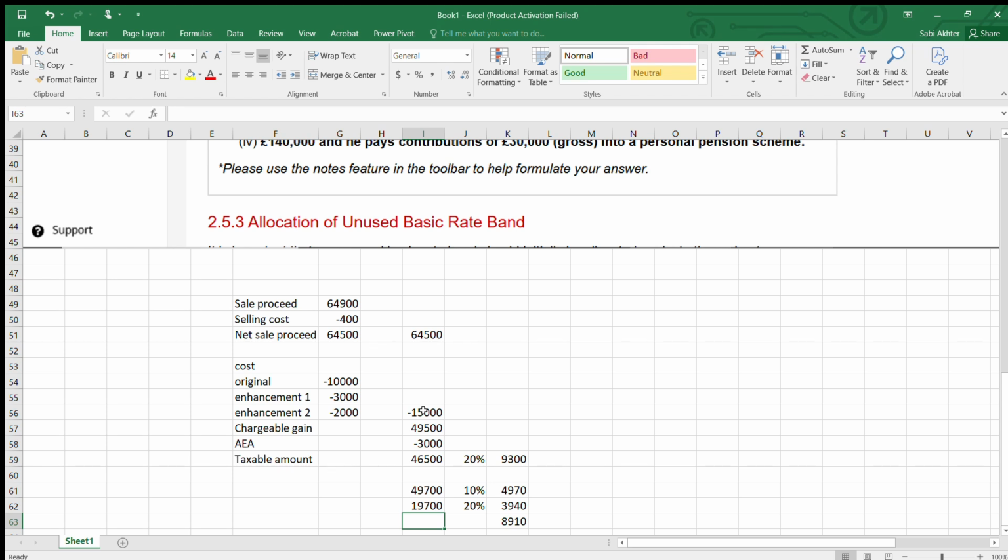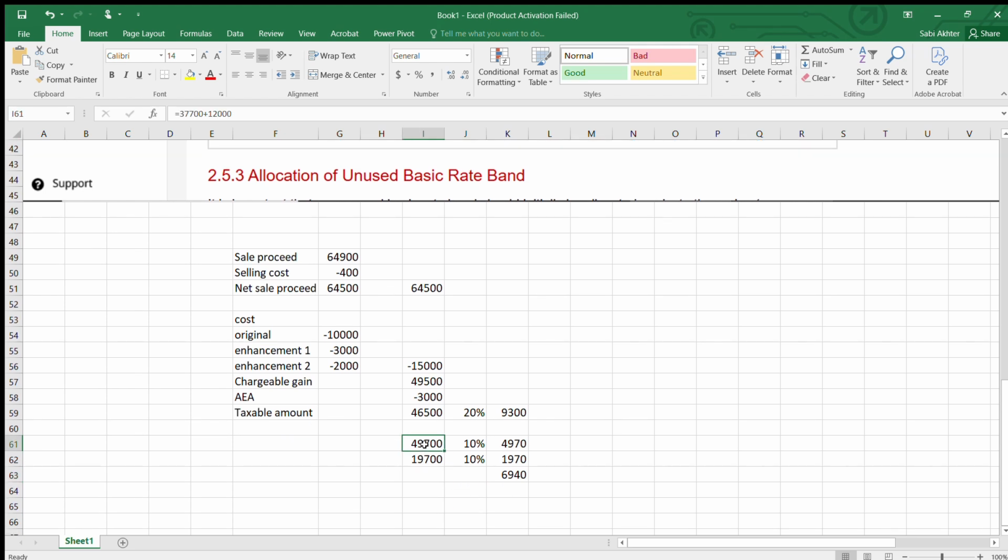Up to 19,700 will be taxed at 10%. And the balance, that is this minus this, will be charged at 20%.